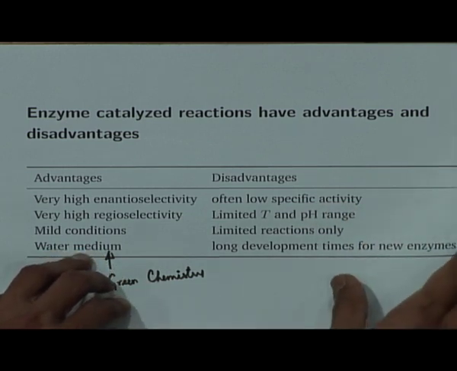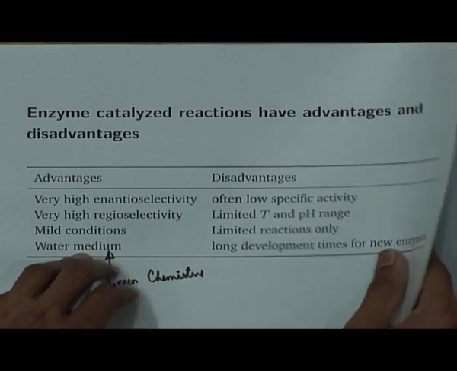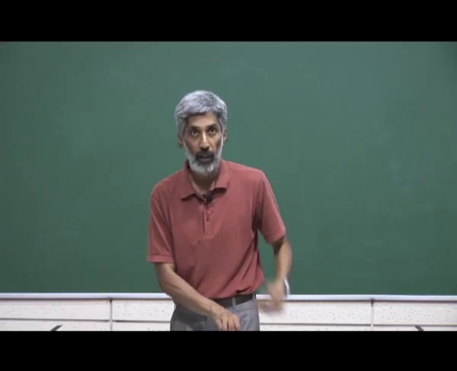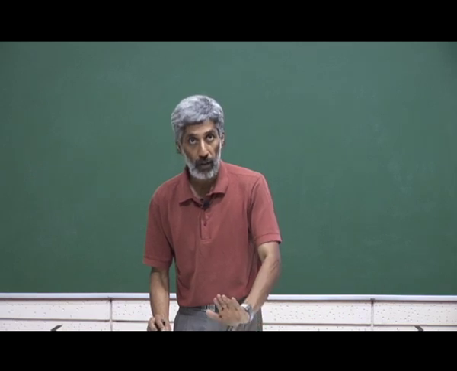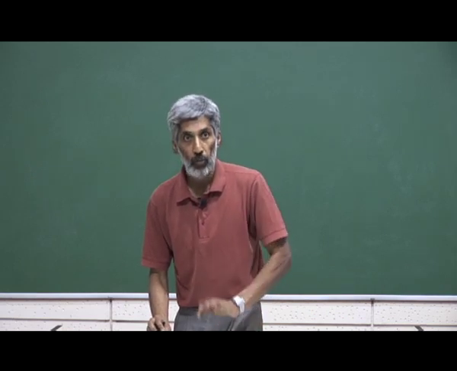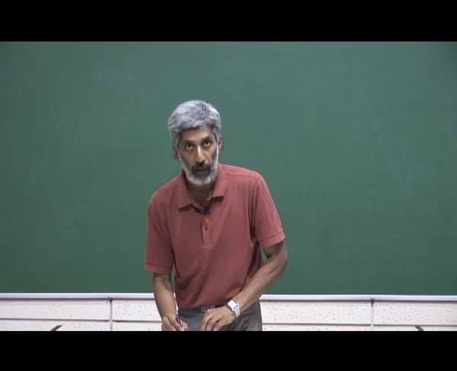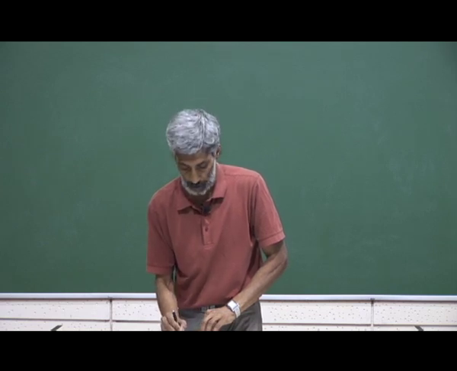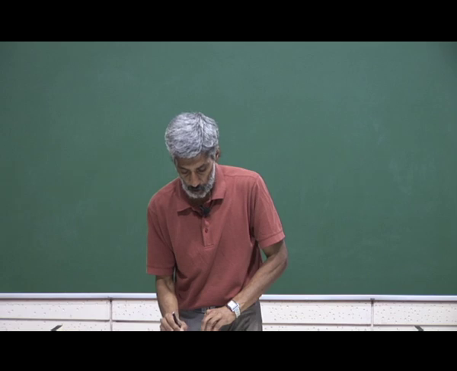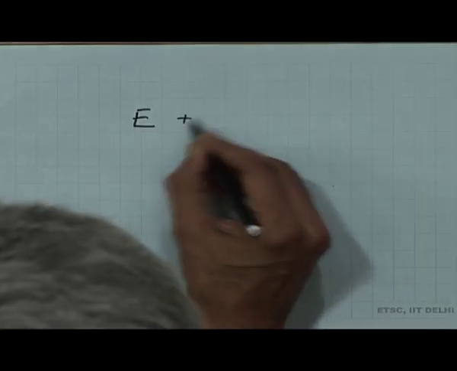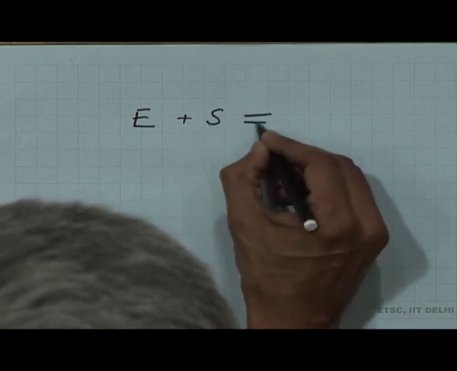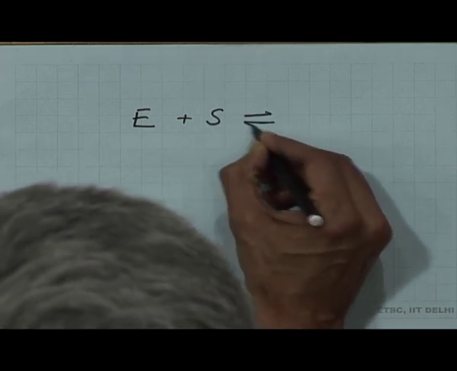And the enzyme catalyzed reaction, as we have seen, is very straightforward, and it is an adaptation of what we saw in heterogeneous catalysts. I will just recap this before I close for the day, and that will close the subject of catalysis. So this is how it goes. You have an enzyme, it grabs a substrate to form an enzyme substrate complex.